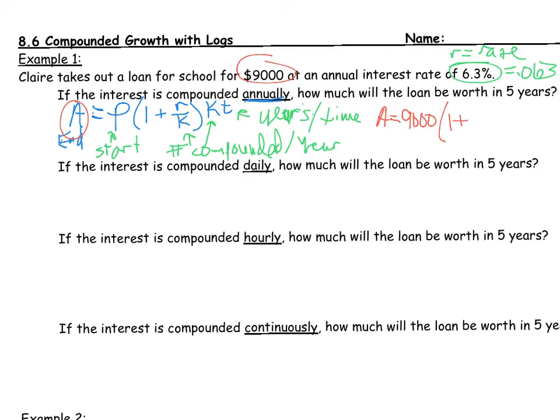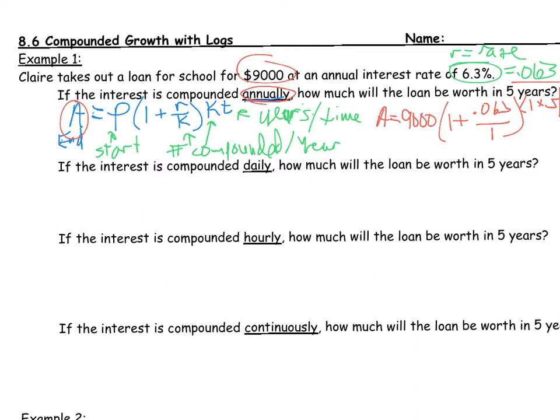Now my rate we said was 6.3%, or you'd put the decimal 0.063, all over 1. K in this case is 1 because it's compounded annually. And then up here it's going to be 1 times 5.